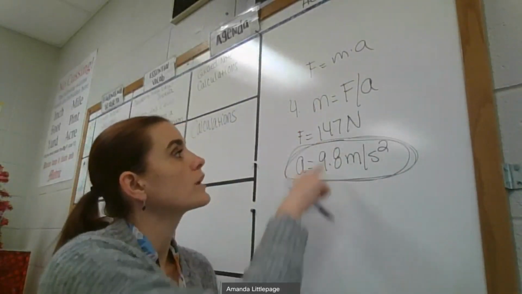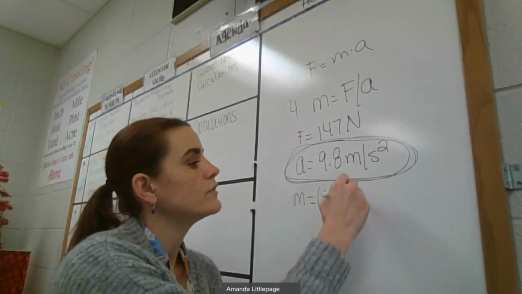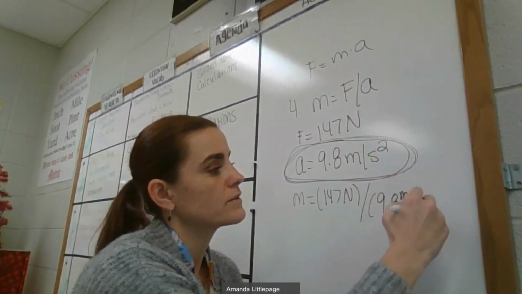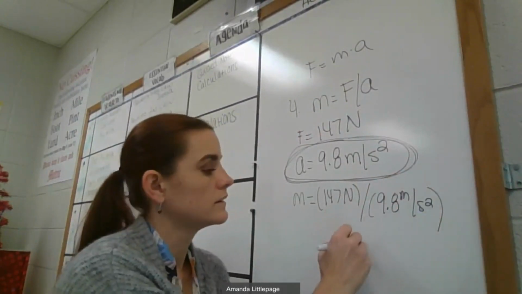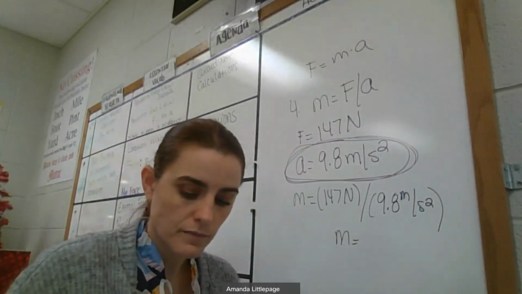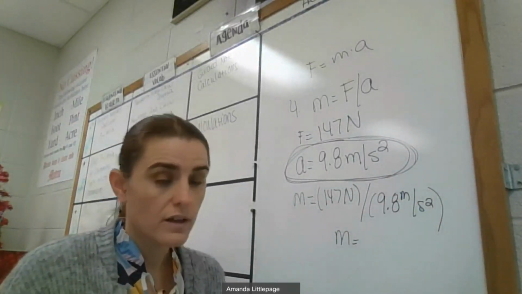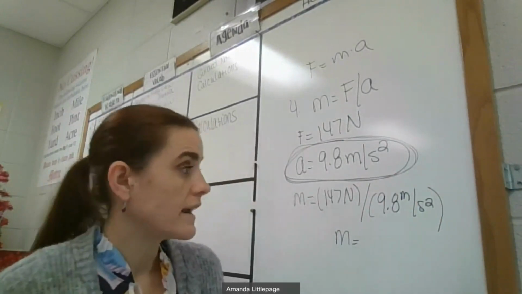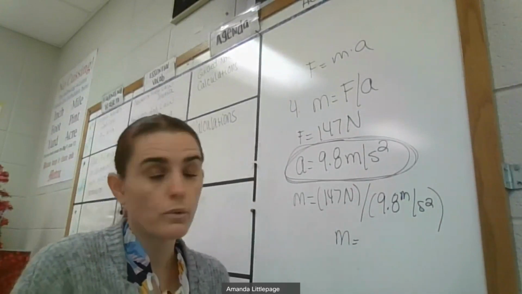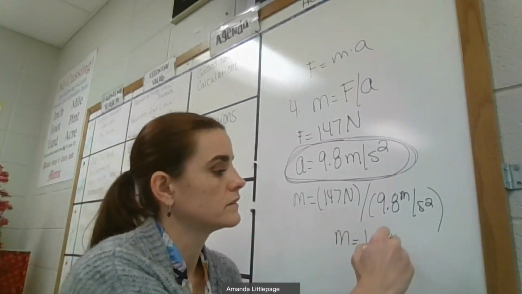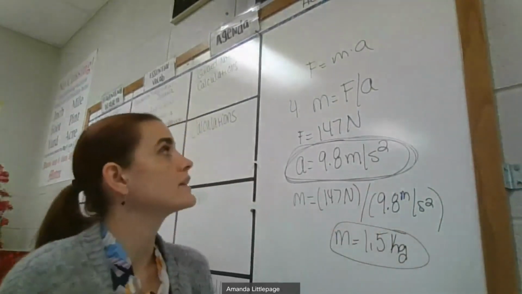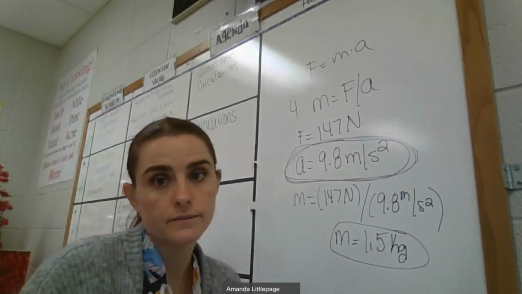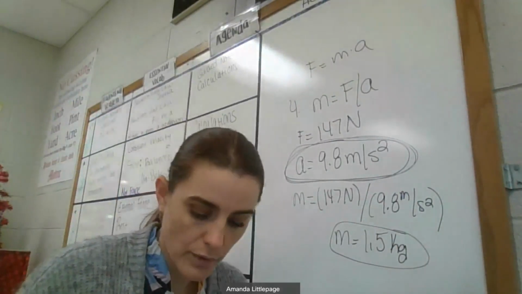So now that we know this, plug it in. Mass is equal to force, 147 newtons, divided by acceleration, 9.8 meters per second squared. We're going to solve it. Again, I encourage you to use your calculator. Don't try to do all this in your head unless it's pretty simple math. 147 divided by 9.8 gives us 1.5. Oh, excuse me, I typed it in wrong.